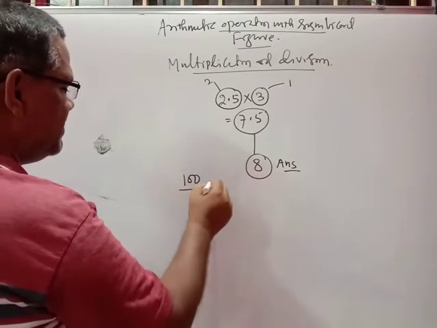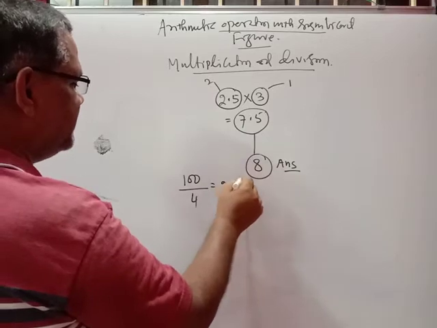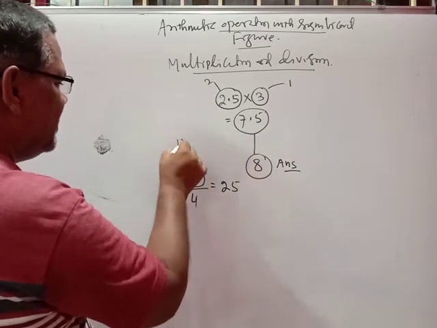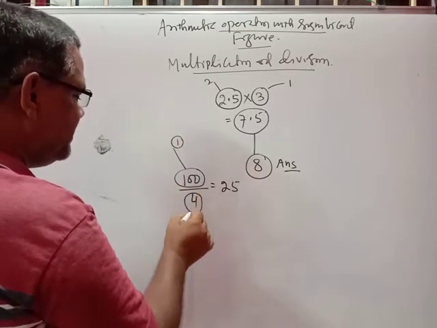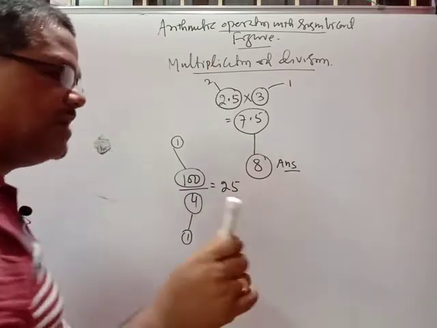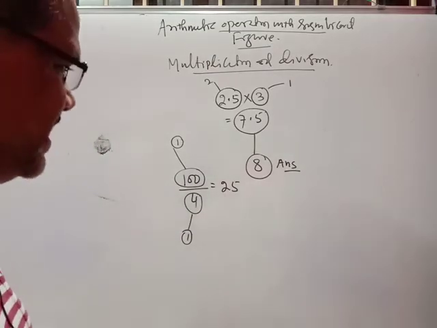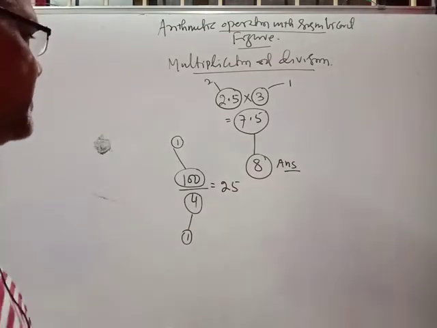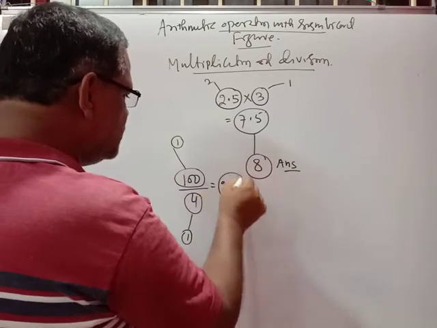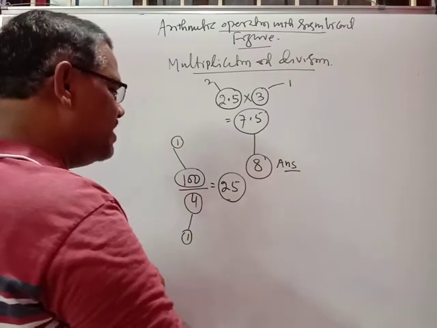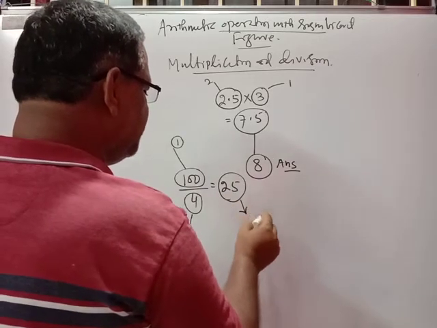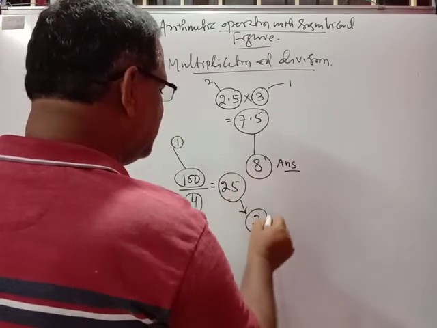If 100 is divided by 4, we get 25. Here the number of significant figures in 100 is 1, and in 4 it is 1. So the result will attain the minimum number of significant figures used in the different quantities, and will be rounded to 1 significant figure. For 25, the 2 before the 5 is even, so the result will be equal to 2.